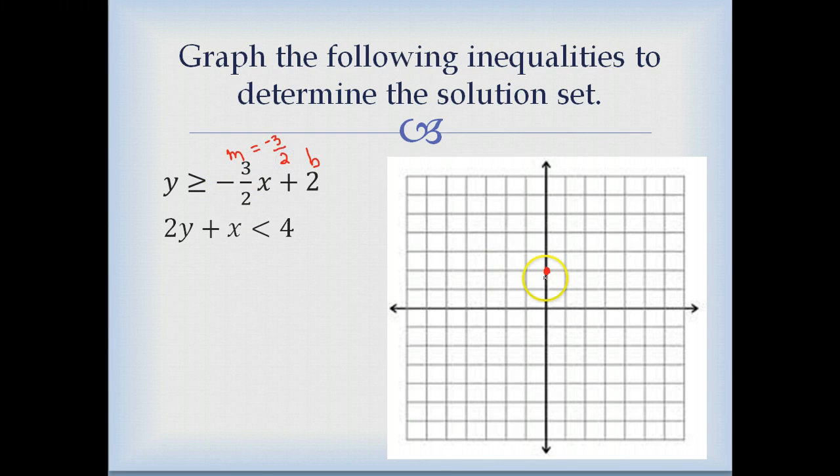That means I'm going to go down 3, 1, 2, 3, and to the right 2, 1, 2. Okay, and I can do that again if you want to make sure your line's nice and straight and accurate. Down 3, right 2. You really only have to do 2 points.